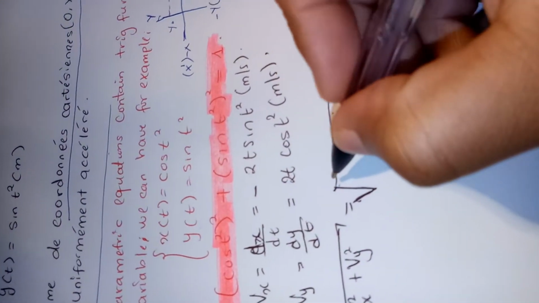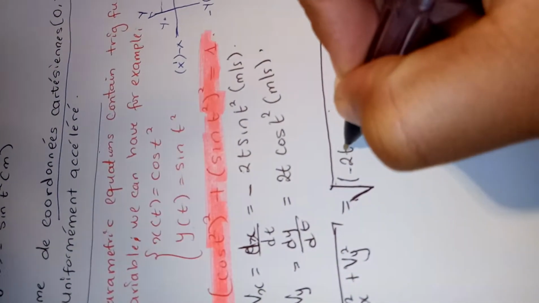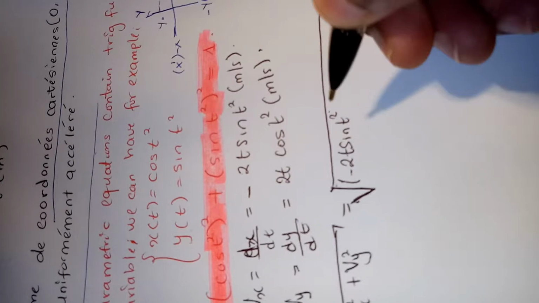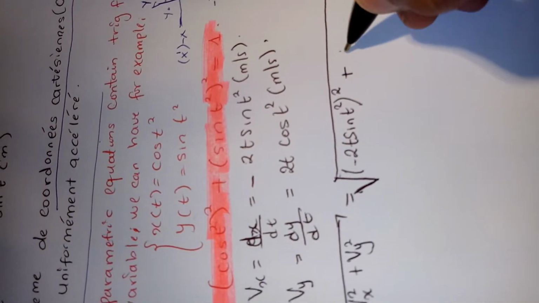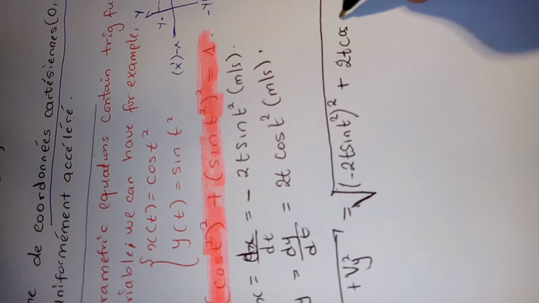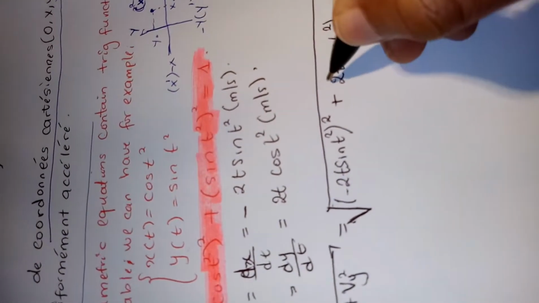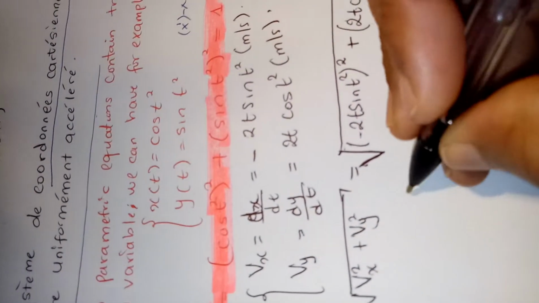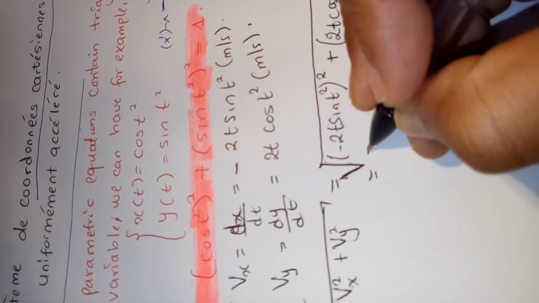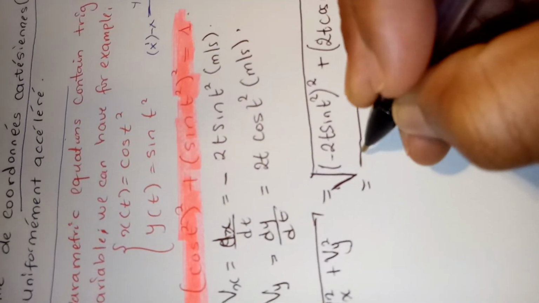So we'll have negative 2t sinus t squared, everything raised to the power of 2. Then our vy, we have 2t cosinus t squared, everything raised to the power of 2. Then finally, we still have our square root.